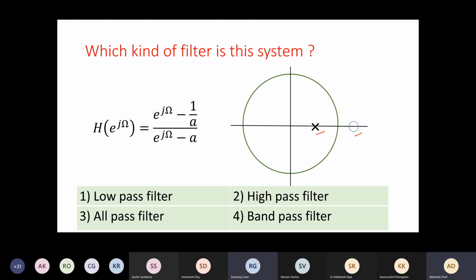A is a real number. Again, can it be both low and high? No, this will not be both. It will be either low pass, high pass, all pass, or band pass. One kind of filter. Which one is this?